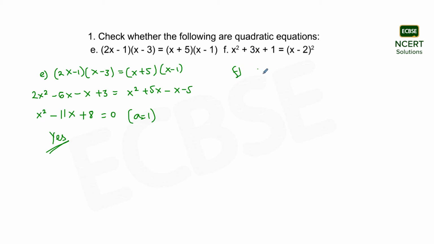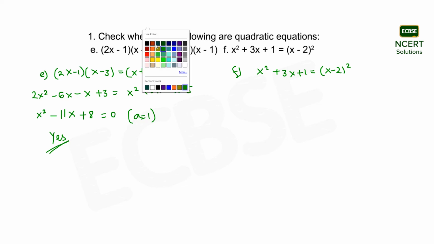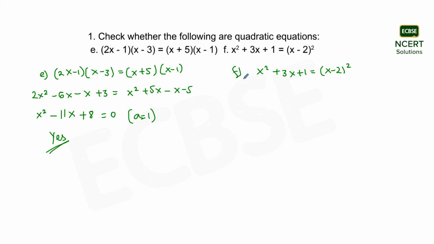Now coming to the f part, here the equation being provided is x square plus 3x plus 1 is equals to (x minus 2) whole square. Again, I need to first convert this into the standard form and then compare it with the standard equation and see whether its coefficient a is equals to 0 or not. So here it will be x square plus 3x plus 1, and using the identity it will be x square plus 4 minus 4x.